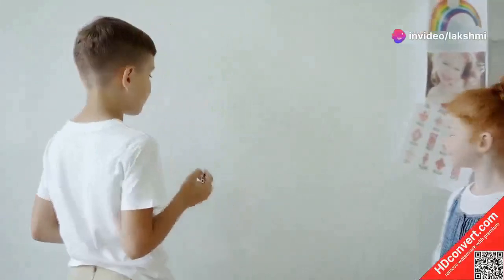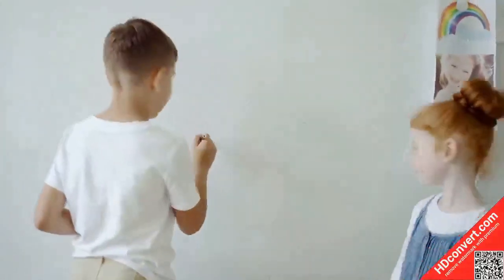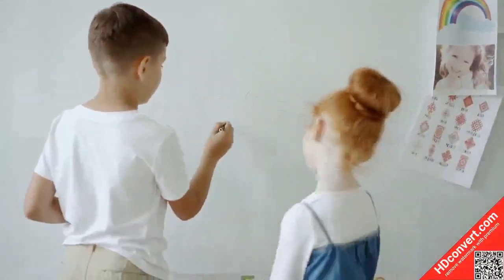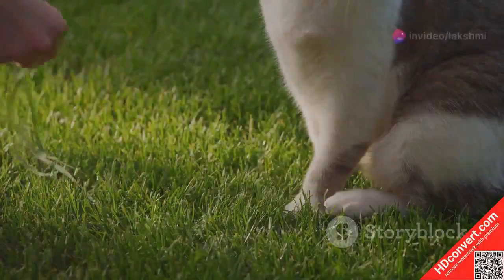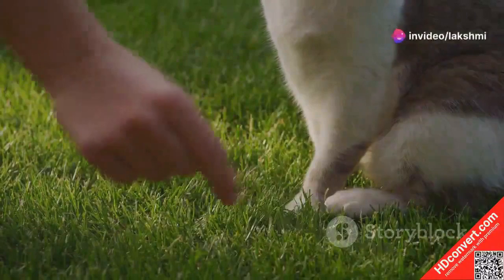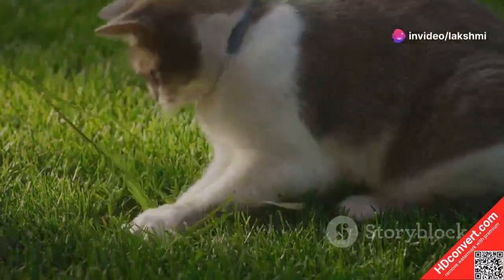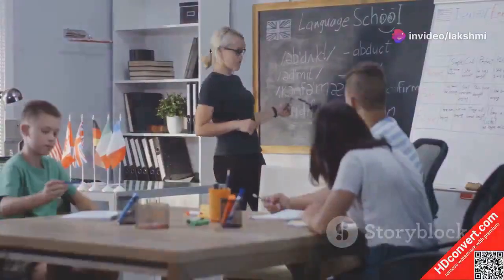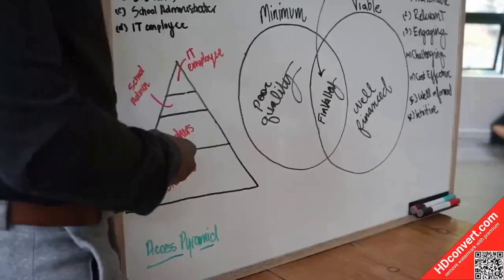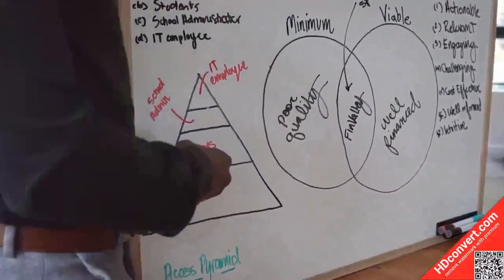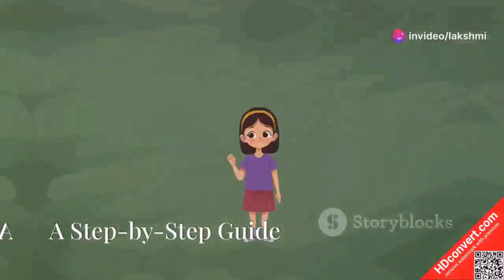Passive sentence structure: object of the active verb plus be verb plus past participle of the main verb plus by plus agent. For example, the mouse (object) was chased (be verb plus past participle) by the cat (agent). By analyzing the sentence structure and identifying the subject, verb, and object, you can determine whether a sentence is in active or passive voice.